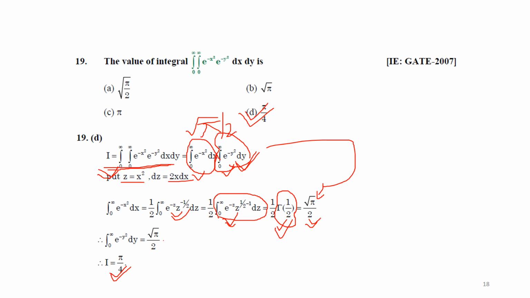Within a second you can get the answer pi by 4. So from here itself, remember that the integral from 0 to infinity of e to the power minus x squared dx is root pi by 2. Wherever you find this, just put root pi by 2. Don't do the integration. So the answer is D.